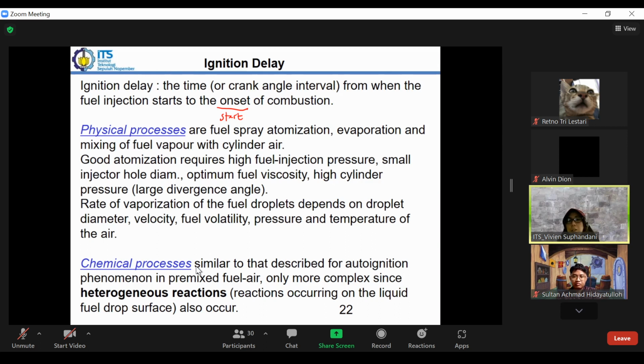So we see here that there is a combination between the physical and chemical processes. That's why we have the delay. When we inject it, we don't get it burned directly, but we need some time.